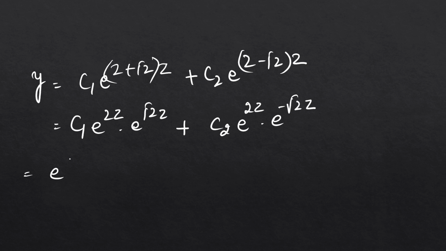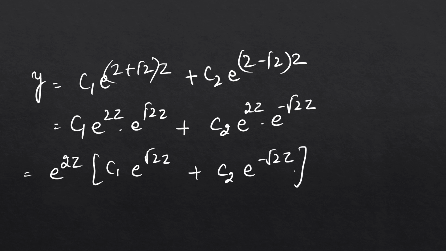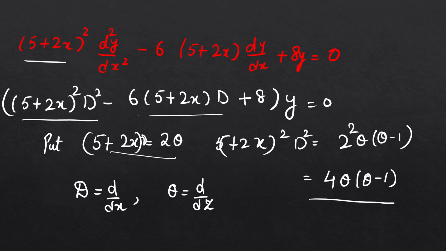Now e raised to power 2z is taken as common: c1 e^root 2z plus c2 e^minus root 2z. Now we have to replace the value of z. How can we replace the value of z? We know that we always put 5 plus 2x equals e raised to power z.